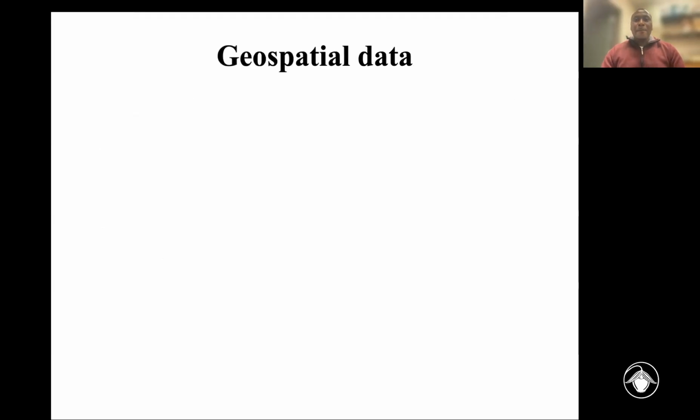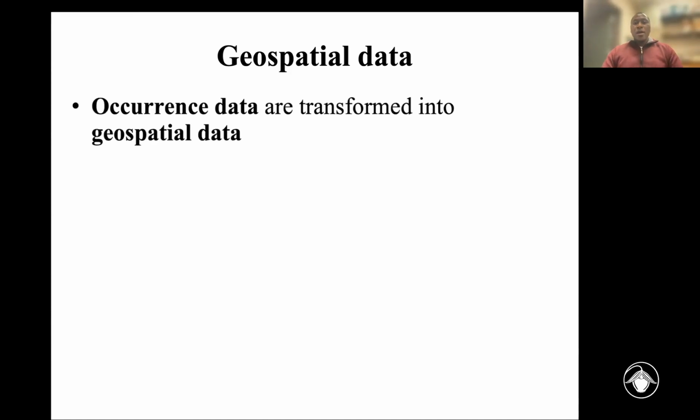So, talking about the locations of the plant, we're not just talking about those occurrences, but they have to be represented as geospatial data. And so when you have, for example, a spreadsheet that has all the latitude and longitude information about the location of a plant, they're just numbers.